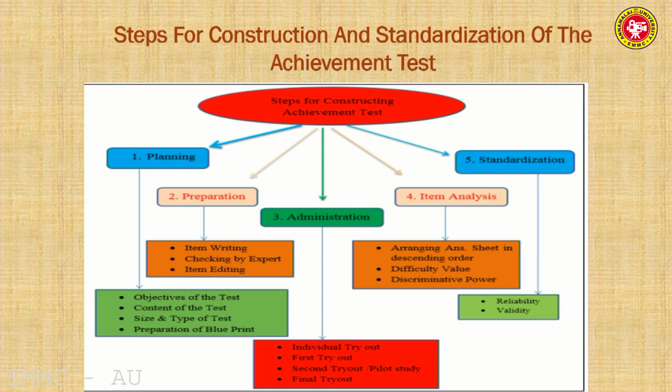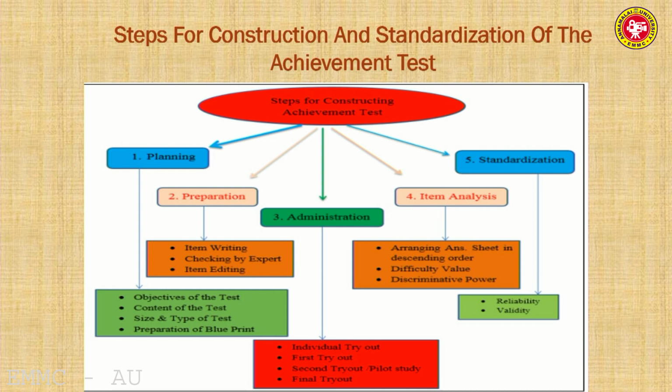First step, planning. In the planning step, you have to concentrate on the objectives of the test, content of the test, size and type of the test, preparation of blueprint. Then second step, preparation. Under that you have to see item writing, checking by expert, item editing. Third step, administration.